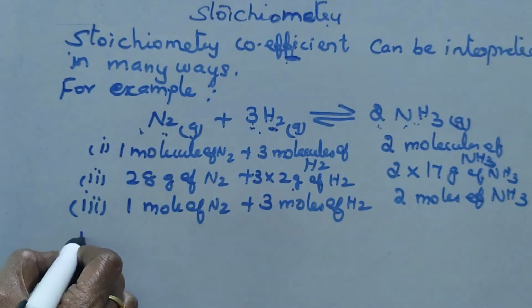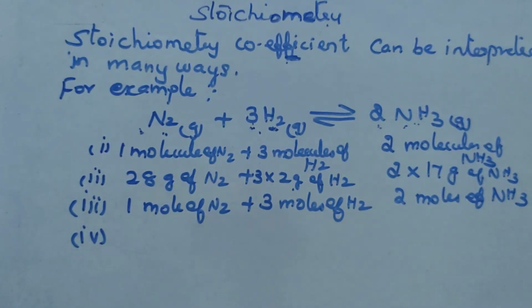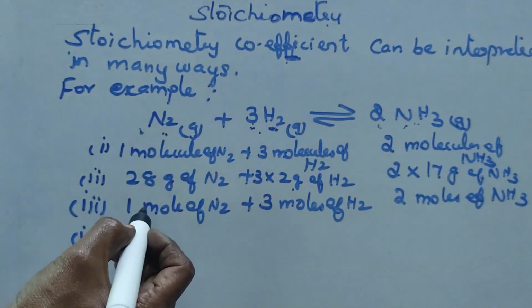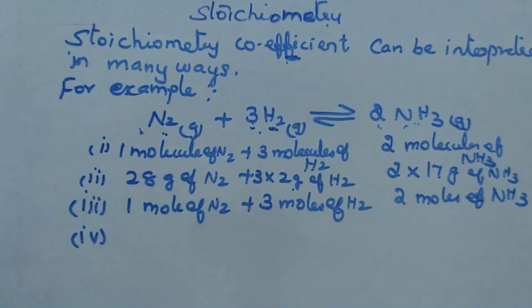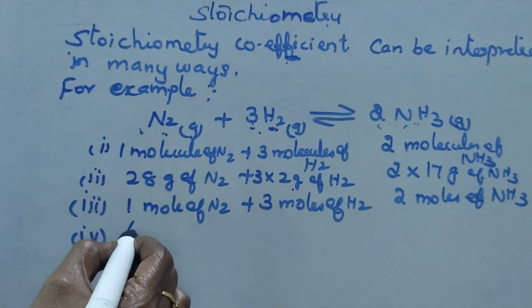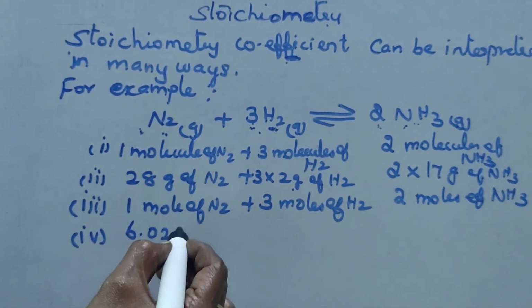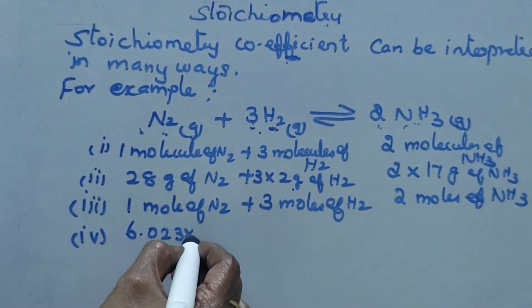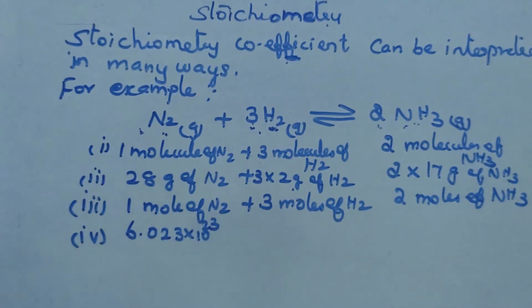Next, fourth type. In terms of molecule, 1 mole of nitrogen is nothing but it contains 6.023 into 10 power 23.